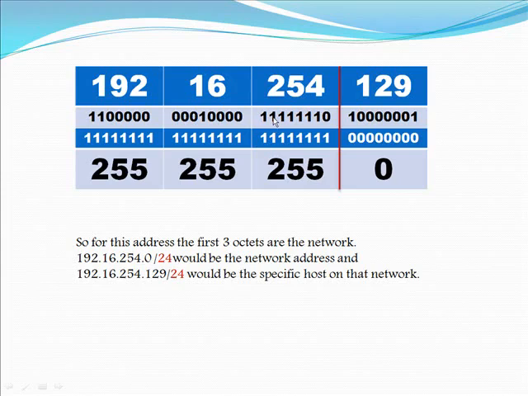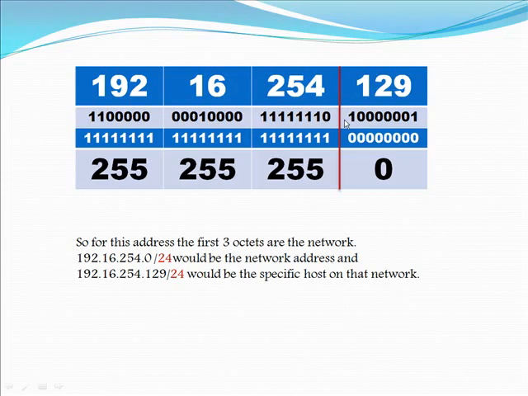So each one of these bits represents the network. So the network for this would be 192.16.254.0, because your IP address concerning your network stops here.